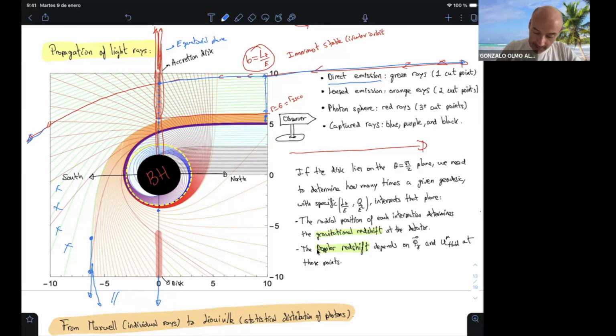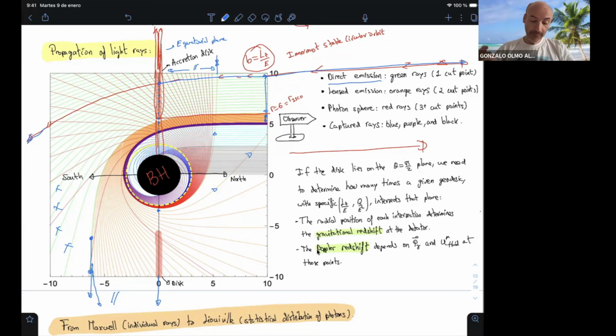This is then propagating in that direction, and there is another that will be parallel to the equatorial plane again. So this is again the limiting geodesic in the orange range that characterizes those geodesics that intersect the equatorial plane twice.